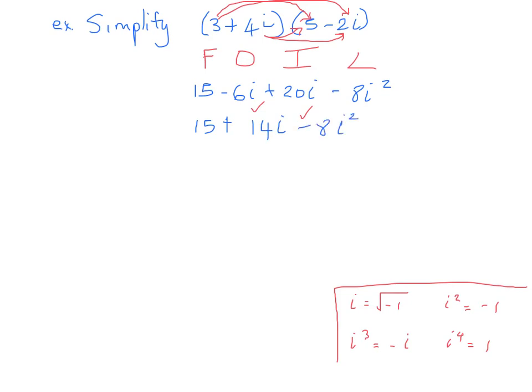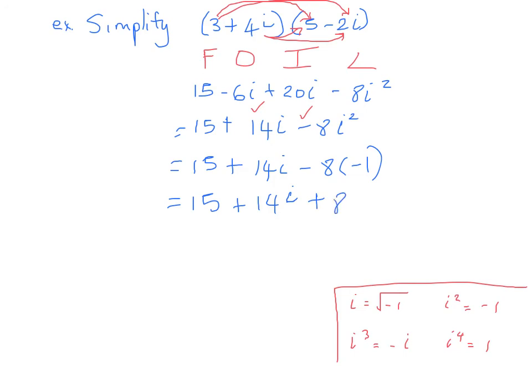Alright, but we know something super important about that i squared. According to our fact right here, i squared is negative 1. So we can rewrite that as 15 plus 14i minus 8 times negative 1. We have 15 plus 14i plus 8.